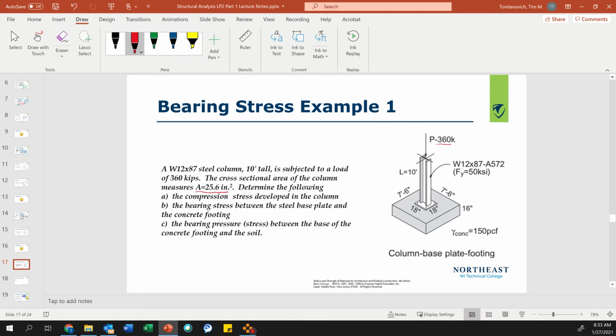Determine the following. A, the compression stress developed in the column. B, the bearing stress between the steel base plate and the concrete footing, so that's right there. C, the bearing pressure between the base of the concrete footing and the soil. So that's right there. Okay, so let's do A.